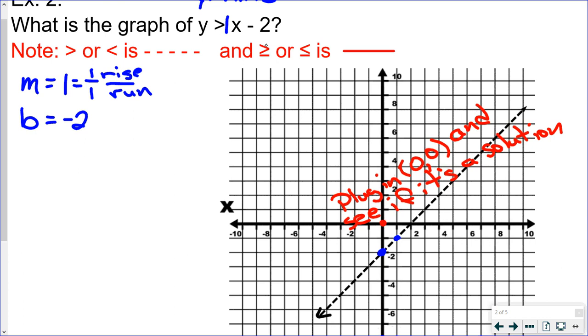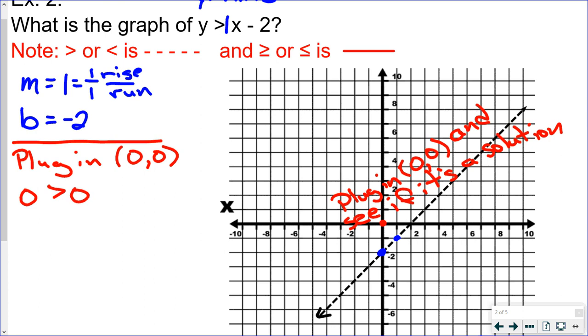All right, so let's plug in 0, 0. Little line here, and I'm going to write plug in 0, 0. So when I plug that in, I get 0 is greater than 0 minus 2. So 0 is greater than negative 2. So is that a true statement?